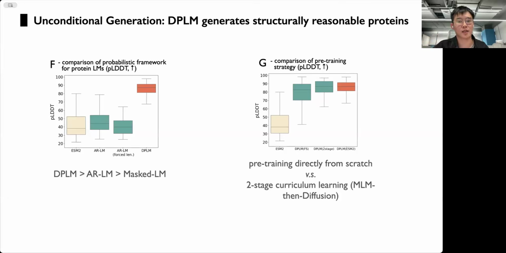I didn't have this inference speed comparison, but what I can say is that we use 500 iterations for generation, and we find that the performance in terms of pLDDT will only slightly drop when you reduce the generative iterations to 300.